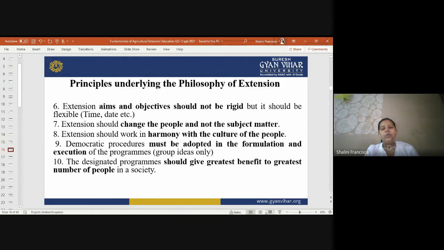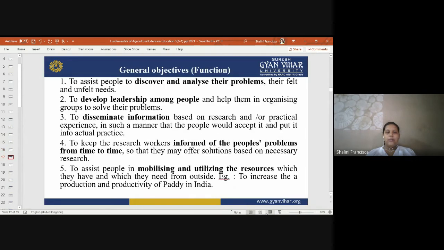We have to see that out of 300, at least 290 people are getting benefit out of the program going through the extension. So the principle is about always giving greater benefit to the greater number of people of the society.